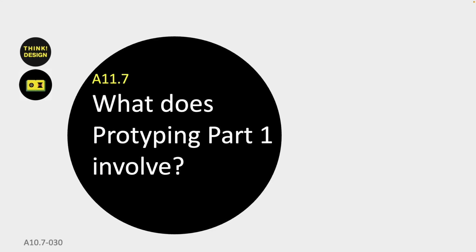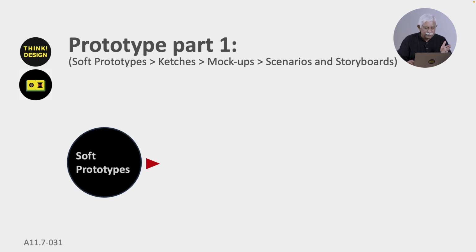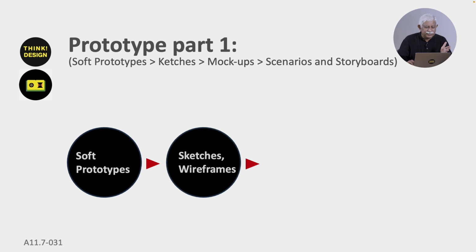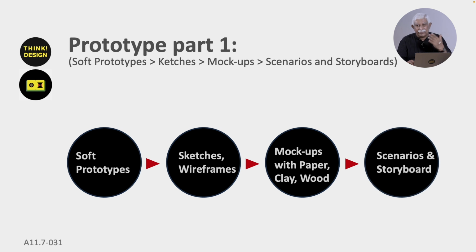So let's look at the different steps that soft prototyping in part one involves. We started with understanding what soft prototyping is, looked at methods of sketching, doing wireframes and layouts, then mockups with paper, foam, clay and wood, and finally creating scenarios and storyboards.